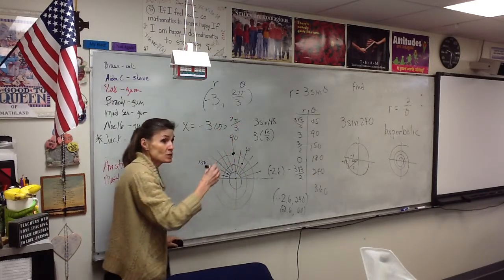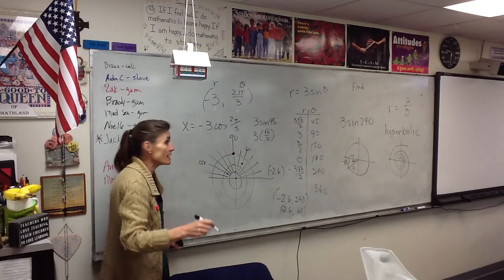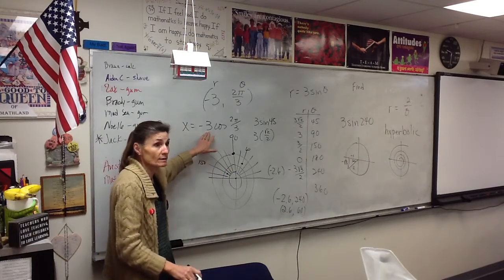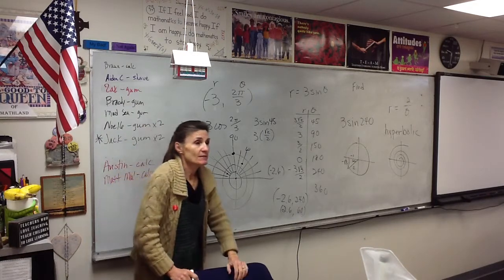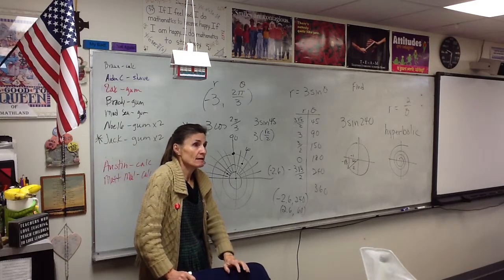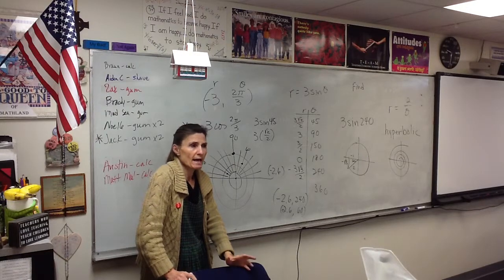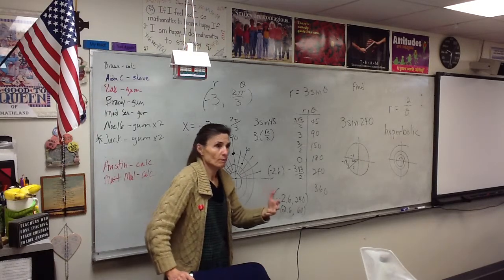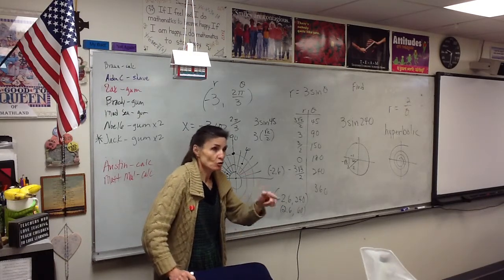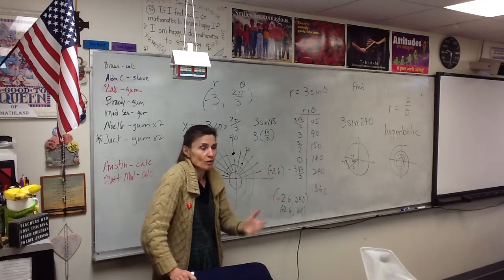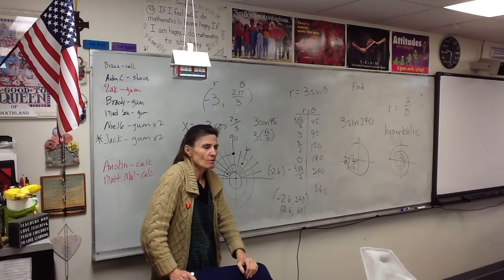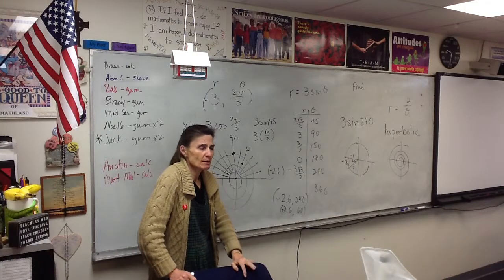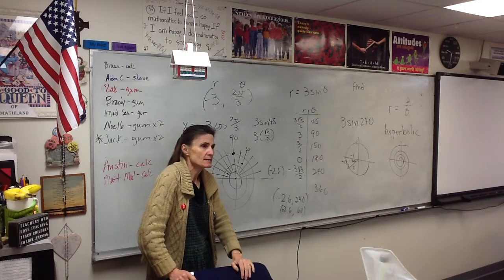When you are changing into x and y, you can use the negative r if you want. But I can't think of a time when the negative r is what you're going to want to have, unless the problem literally says make sure r is negative. Then you're going to change your angle 180 degrees. So if you can find a problem, I'm just not understanding what question you're anticipating.